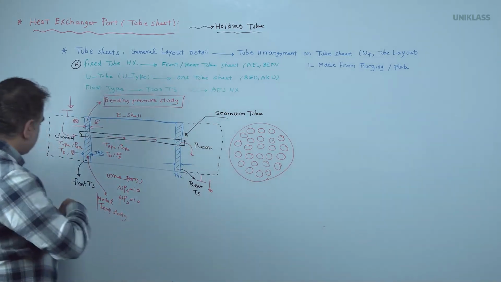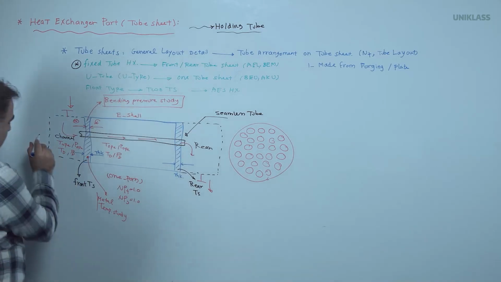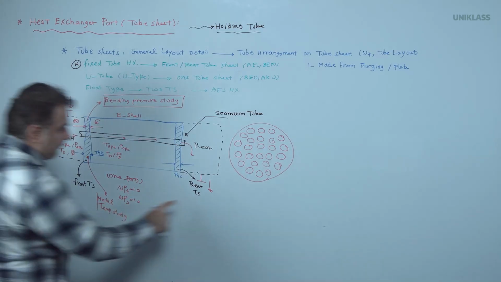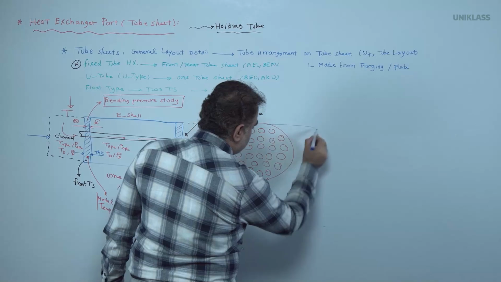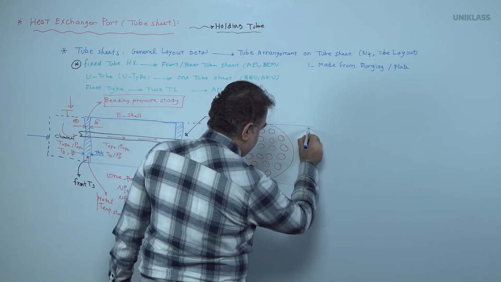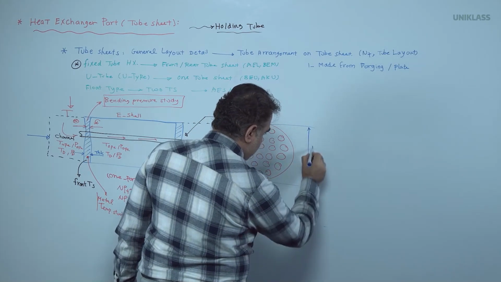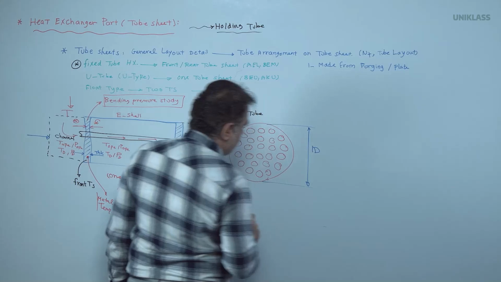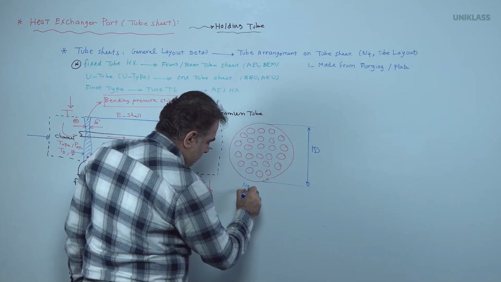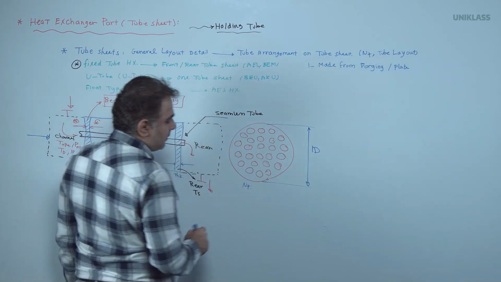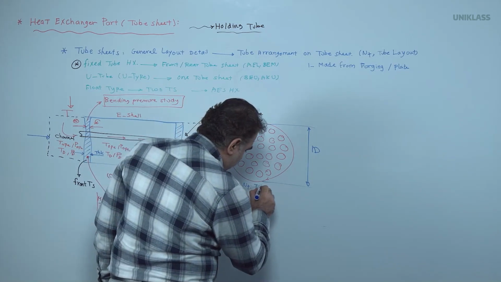When we see the heat exchanger from this part, from here, for a one pass heat exchanger we see this. This is the tube sheet view. The number of tubes on the tube sheet is the number of tube holes.